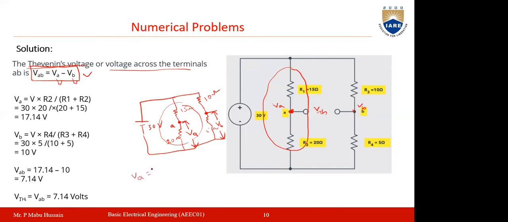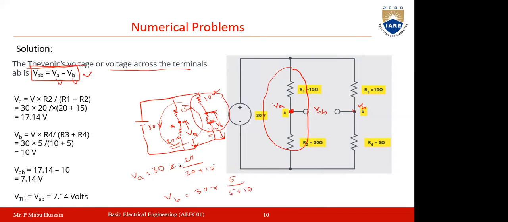So VA is equal to 30 volts multiplied by 20 by 20 plus 15, according to the voltage division rule. Similarly, these two series resistances are connected across the same 30 volts, so VB will be 30 into 5 by 5 plus 10.